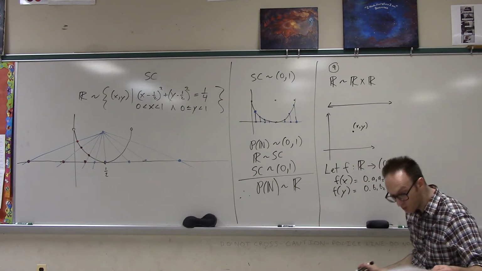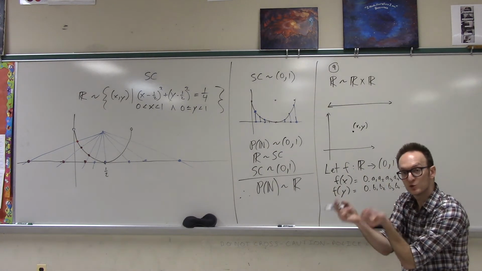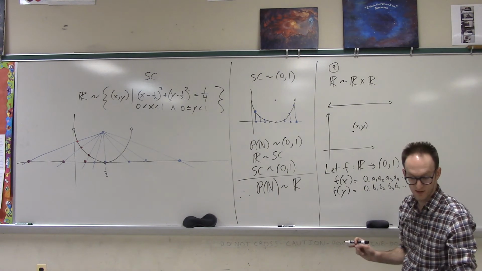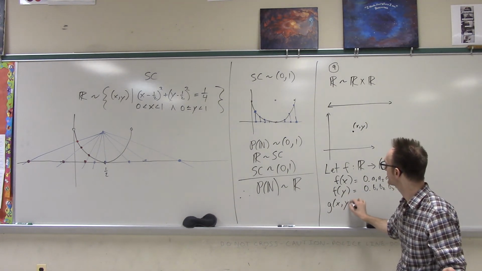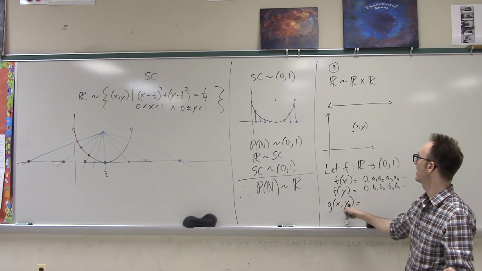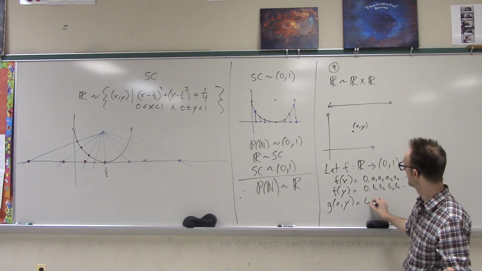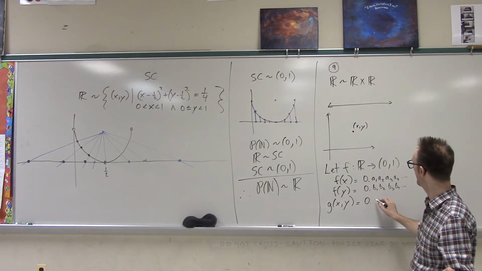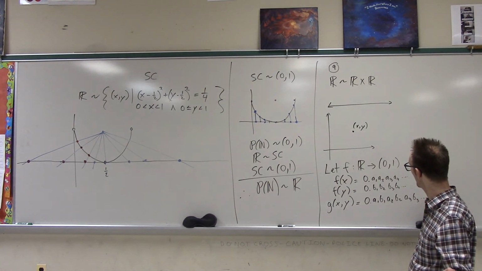Okay, and now I somehow need to combine these 2 points into 1 point. So then create a new function g which takes this ordered pair and shuffles the digits. So let it be 0.A1, B1, A2, B2, A3, B3, etc.